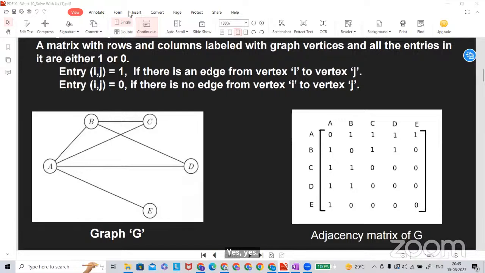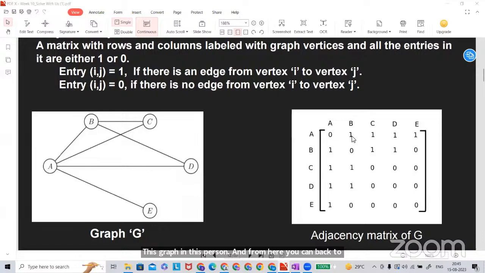Yeah, the definition of adjacency matrix: whatever graph you have, you can form it in this fashion, and from here you can get back to the graph also.